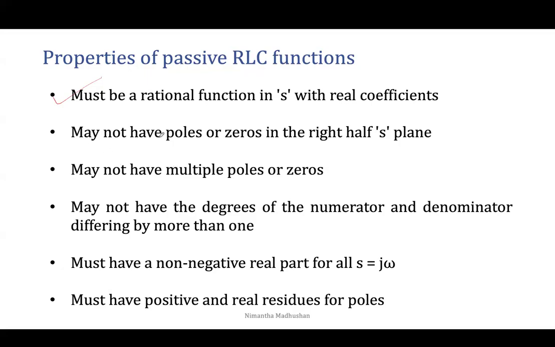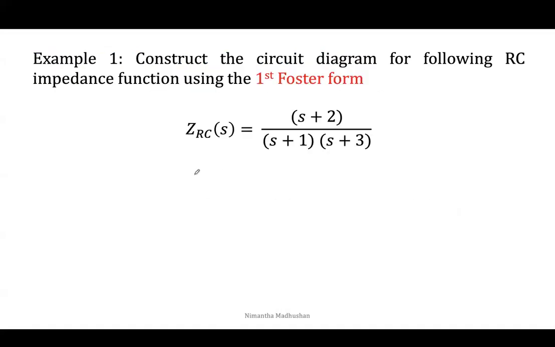The second one says it may not have poles or zeros in the right half s plane. For that, we have to find the poles and zeros of this function. If we find the poles, we can obtain them from the denominator. There are two roots, s = -1 and s = -3.